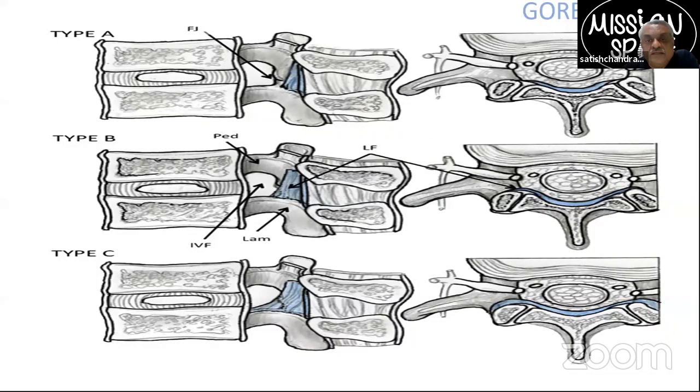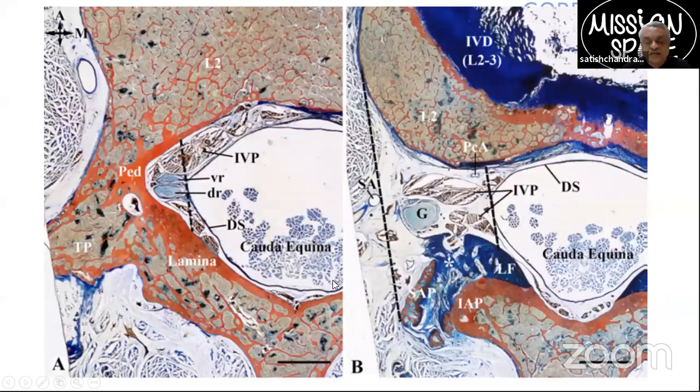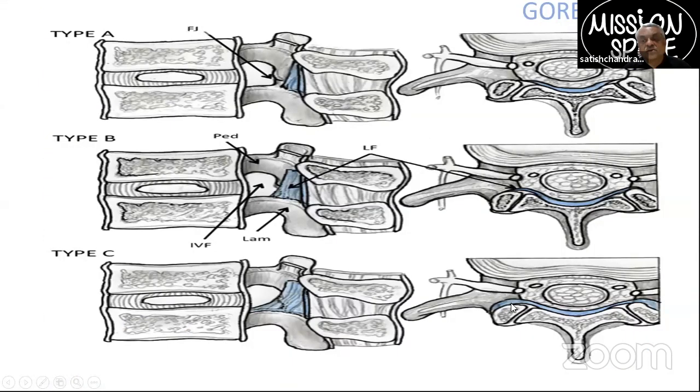The type B is the one which covers the undersurface of the facet, and the type C is the one which comes right up to the pedicle, or in the cross section you will see it covers the whole of the facet joint. This upper part in fact continues outside the foramen as the intertransverse ligament.